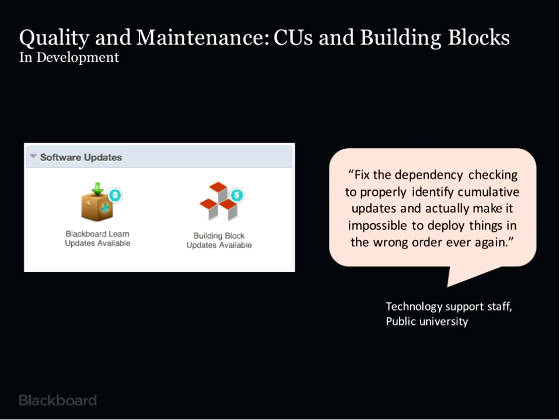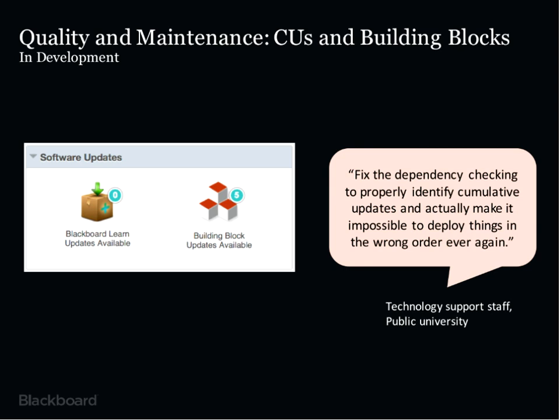So we did make some changes to software updates in order to require a certain sequence of applying building blocks, but we did not do the same thing for cumulative updates. So we are still in a situation where if a certain fix requires a sequence of a cumulative update and a building block, it's possible for that to not be fulfilled in the correct sequence.